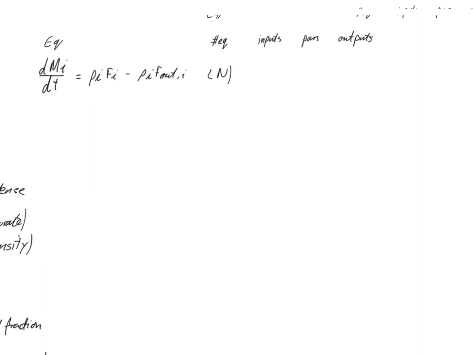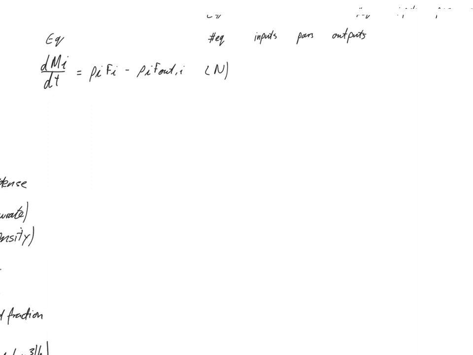Okay, so let's get back to this. We've got our equations. We've got our first mass balance equation, or component balance, one for each component. So the inputs here are Fi. Parameters are rho i, because we're told that they don't change. And the outputs are Mi and F out i. Right.